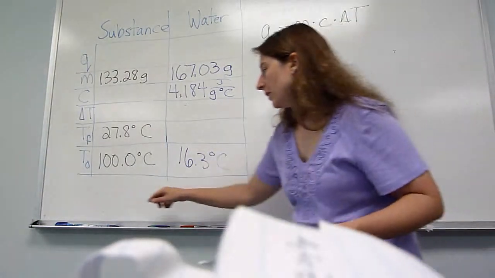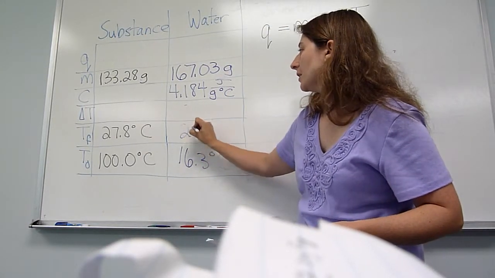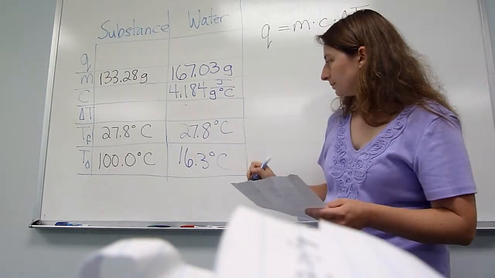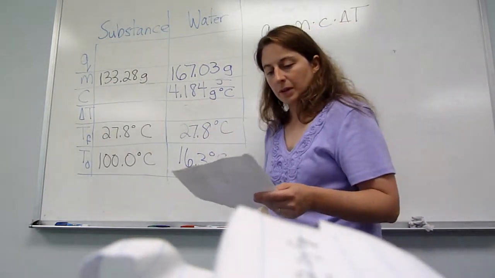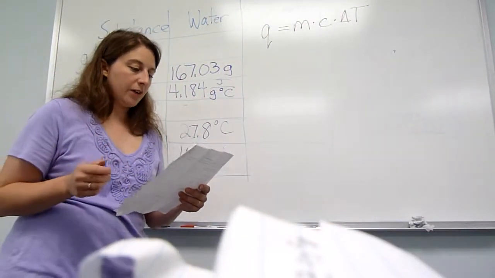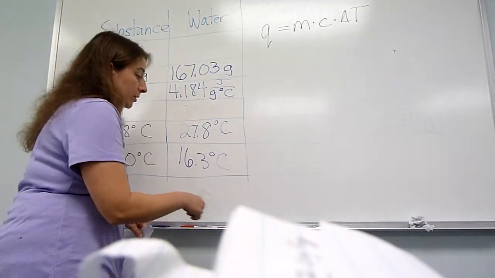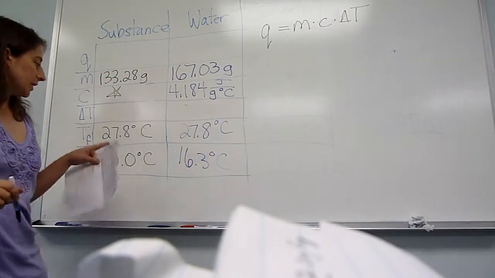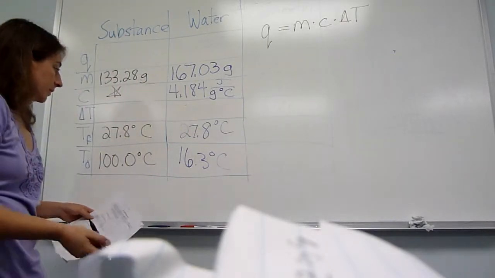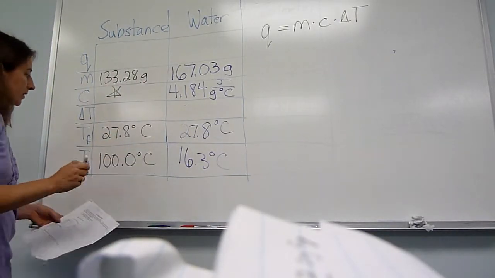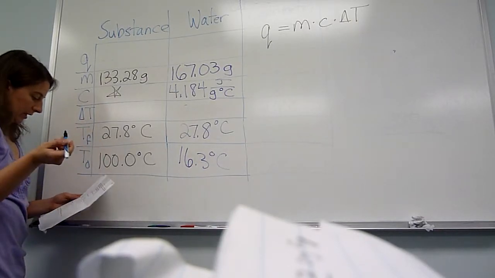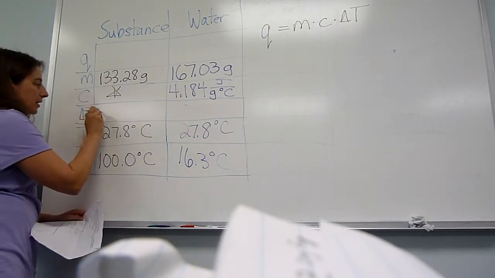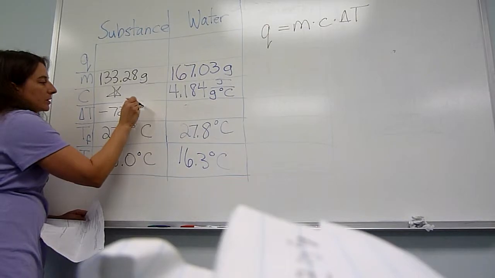So we can also fill that into the water because remember, at the end of a calorimetry experiment, everything should be the same temperature. It wants us to find the specific heat of the substance. So here's our goal, C, the specific heat of the substance. We can easily find the change in temperature for both. For the substance, T final minus T initial is 27.8 degrees Celsius minus 100.0 degrees Celsius, a negative 72.2 degrees Celsius.